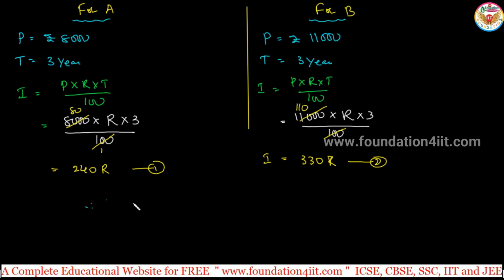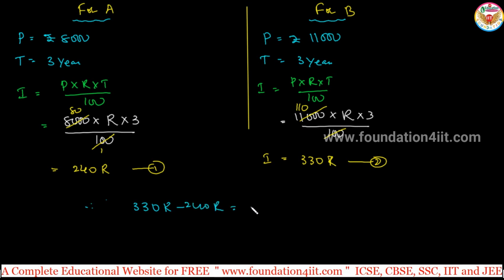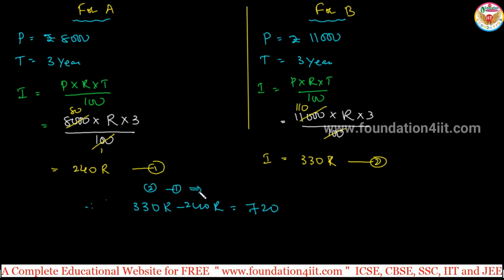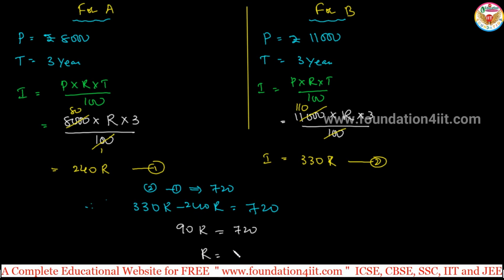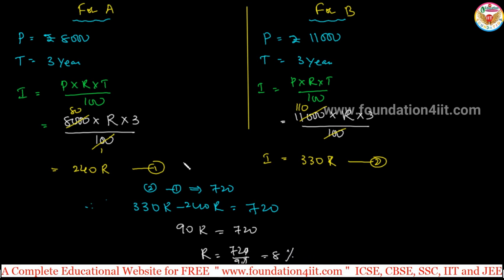Therefore, 330R minus 240R is exactly equal to 720, because B is getting 720 more. If from B's interest we subtract A's interest, that should be equal to 720, because equation 2 minus equation 1 is exactly equal to the 720 difference. 330R minus 240R is 90R. It is equal to 720. Then R is equal to 720 by 90. 0, 0 cancel. 9 times 8. So 8% is the rate of interest.